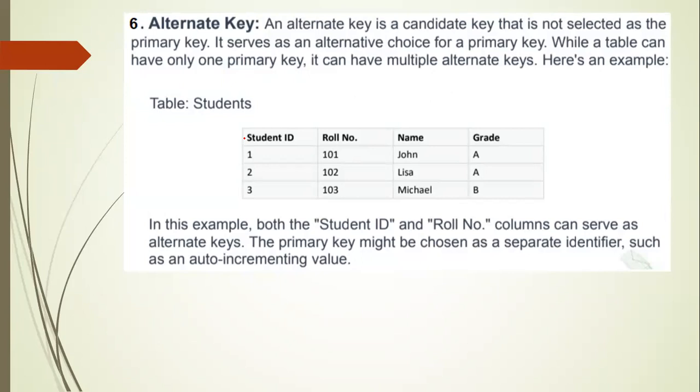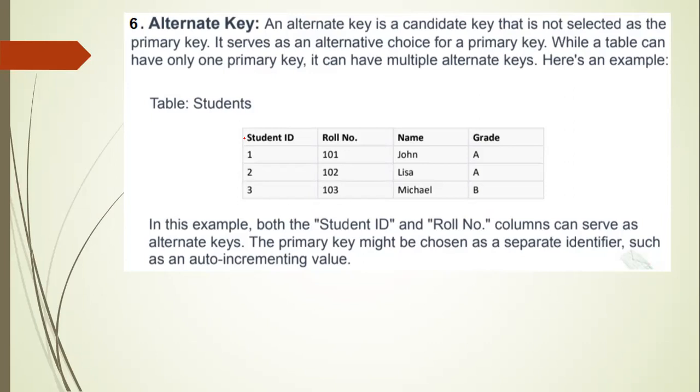An alternate key is one type of candidate key that is not selected as the primary key. So it serves as an alternate choice for the primary key. There will be only one primary key and there can be multiple alternate keys.